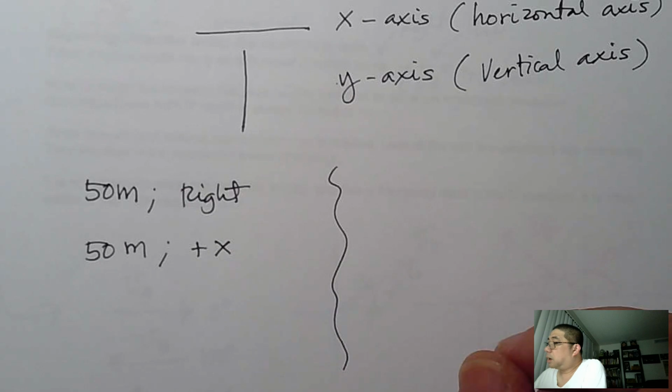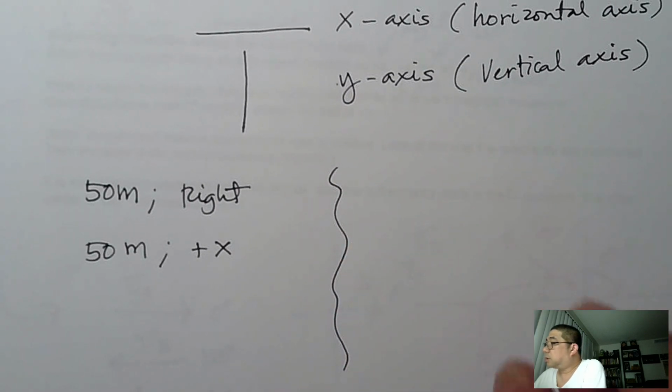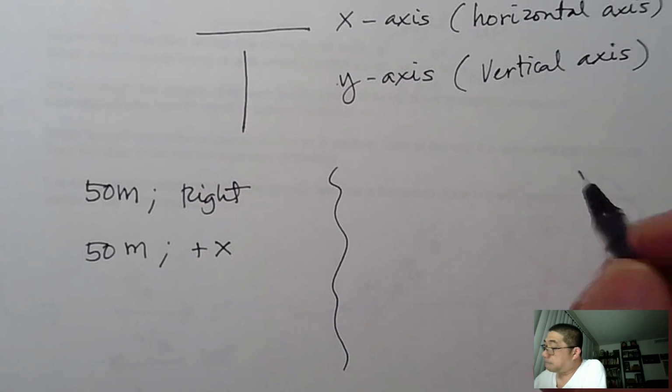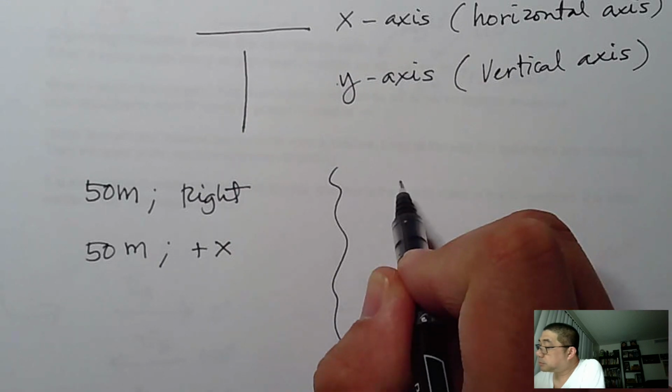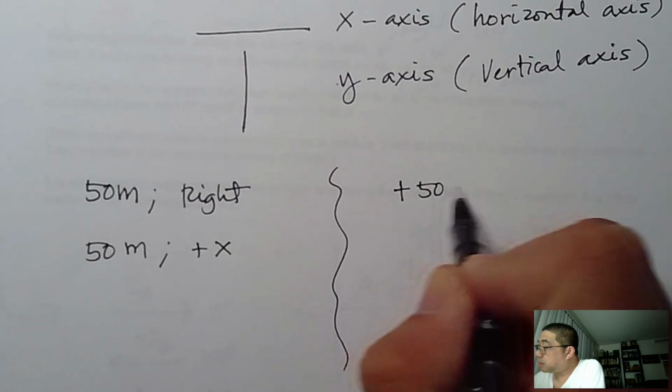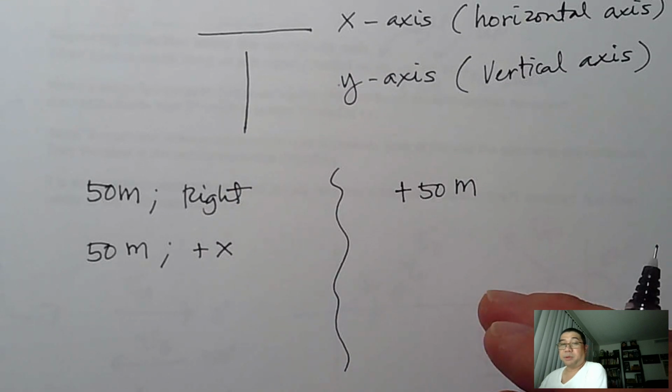Now, how about on the right side? It says here, while the two on the right are used in diagrams. So usually we'll just put plus 50 m. This is the most common one that we put.